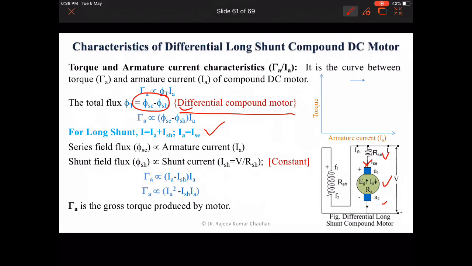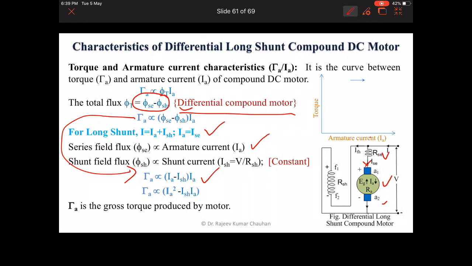Shunt field flux phi SH is proportional to the shunt current ISH, equal to V upon RSH. Let us substitute the value of flux in terms of current. We will get torque equation, tau A is proportional to, inside the bracket, IA minus ISH into IA. Now, open this bracket, we will get tau A is proportional to IA square minus ISH IA.